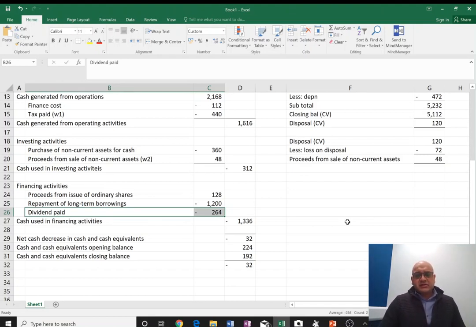So in a nutshell, the company is not doing too badly in terms of operations, but they need to concentrate on the investment part, the non-current assets, because at this rate they will find it difficult to survive. Financing activities are doing great, paying off the loan. So we have said where they need to improve and where they are doing well.